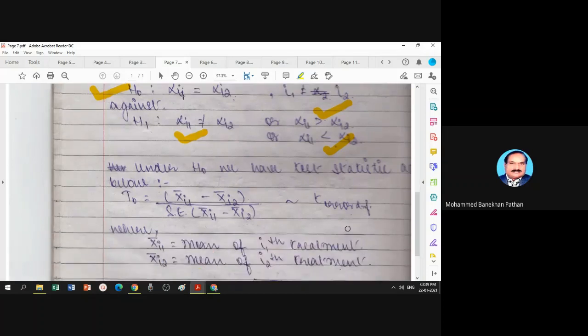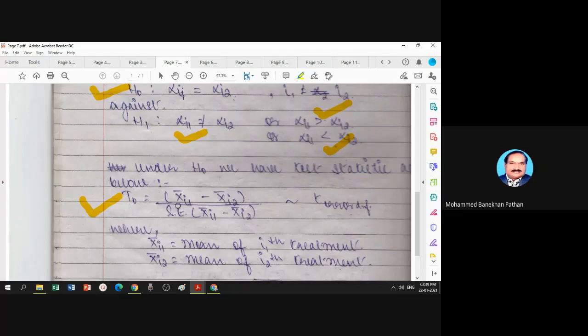This can be done by using a formula which is called the test statistic, using a t distribution. T0 equals x bar I1 dot minus x bar I2 dot.